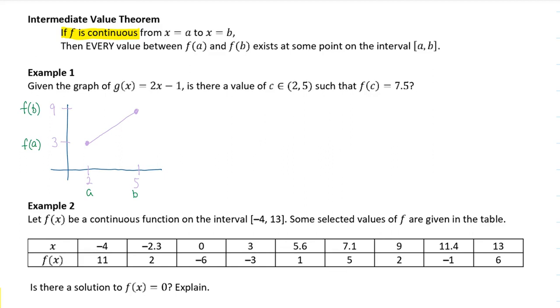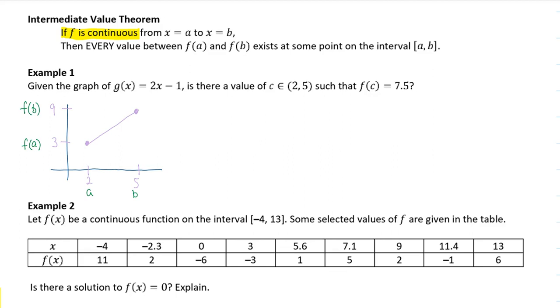So basically, if I can show that there's a y value at 3 and there's a y value at 9, then every other y value has to be included in there: 3.1, 4.7, 5.9, whatever it is. Every single y value in there exists in that function.